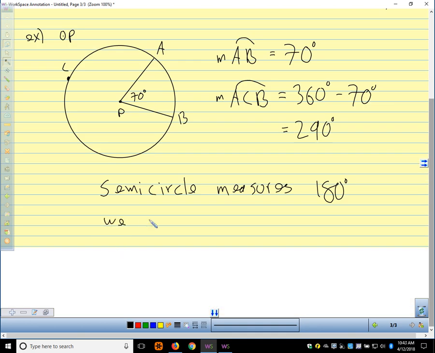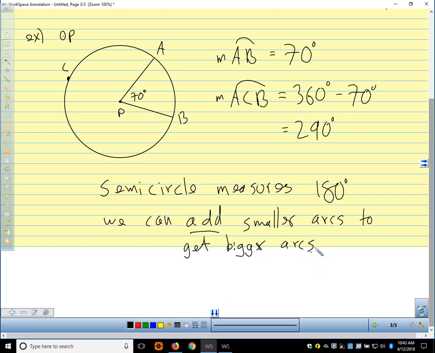And we can add smaller arcs to get bigger arcs, so we can add pieces together. All right, so let's look at an example that has to do with arc measure. We're good with that idea.